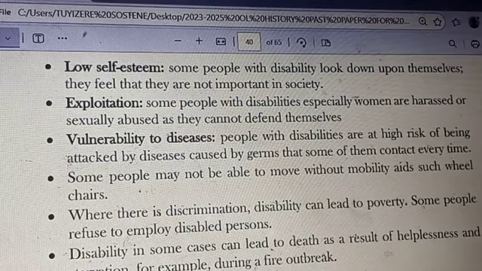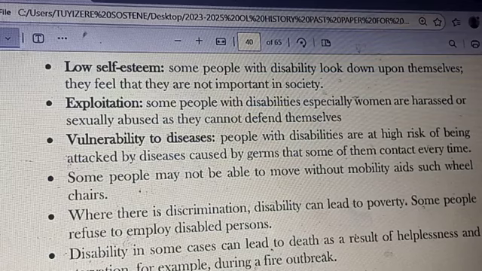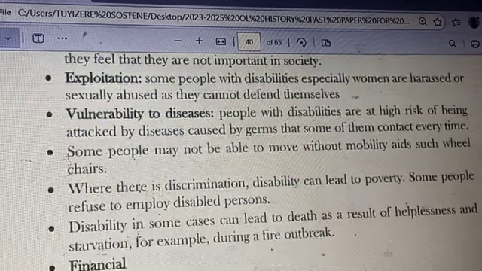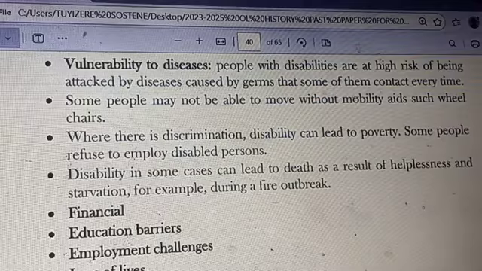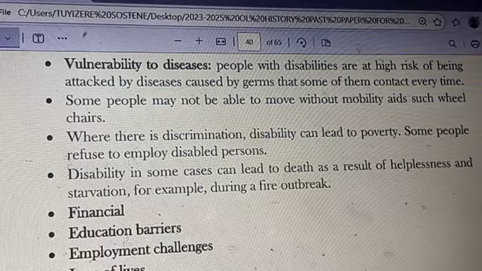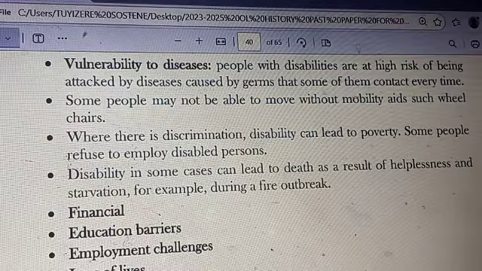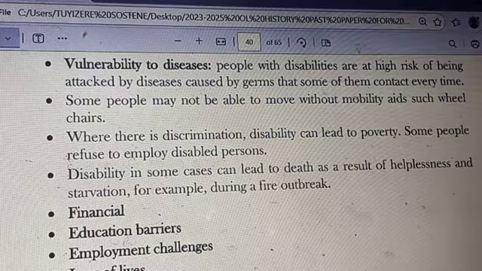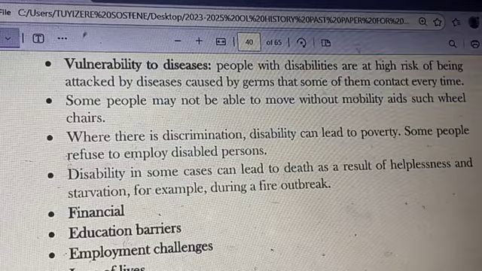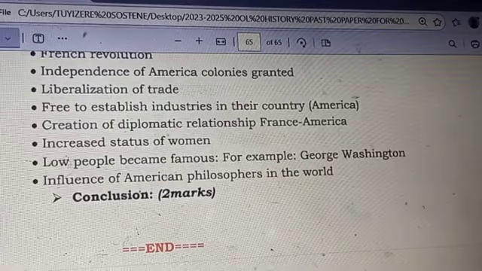Some people refuse to employ disabled persons. Yes. Disability in some cases can lead to death as a result of helplessness and starvation, for example, during fire outbreaks, and also financial and educational barriers, employment challenges, loss of rights, suicide, homicide, sexual abuse, and so on.